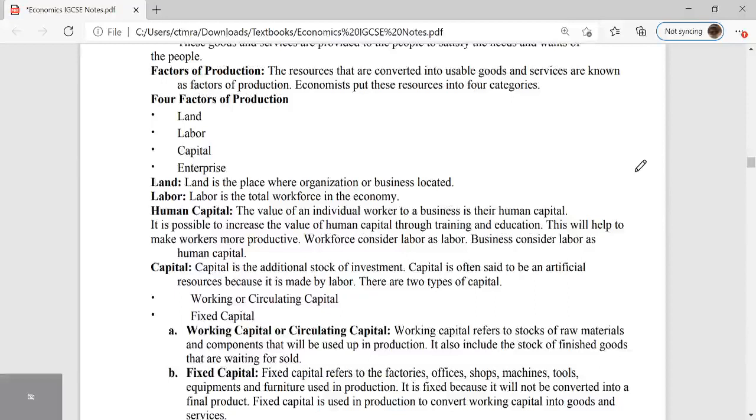Working capital includes resources like raw materials and components that are constantly changing their form. Fixed capital includes the office, shop, machineries, equipment. These are more fixed kind of things, right?